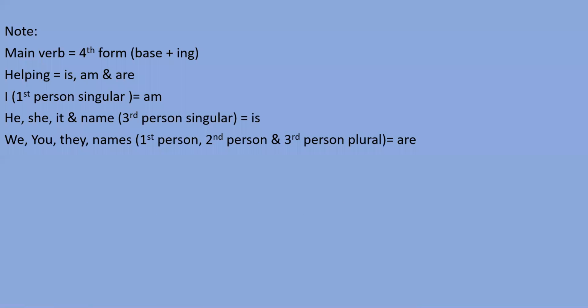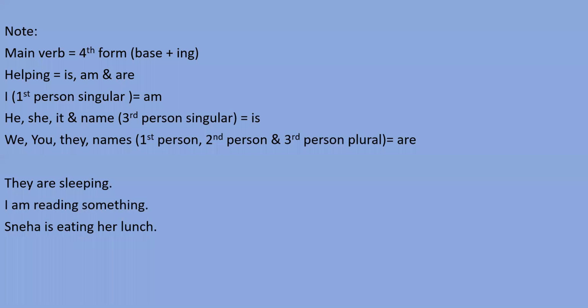With the rest of the subjects like we, you, they, or we can say first person, second person, third person plural, we should use are, right? Like they are sleeping: they is our subject, are is our helping verb, and sleeping is the main verb. They is third person plural, so that's why we need to use are there, and the fourth form will always come. I am reading something, so with I we have used am. Sneha is eating her lunch. Sneha is third person singular, so we should use is with Sneha.